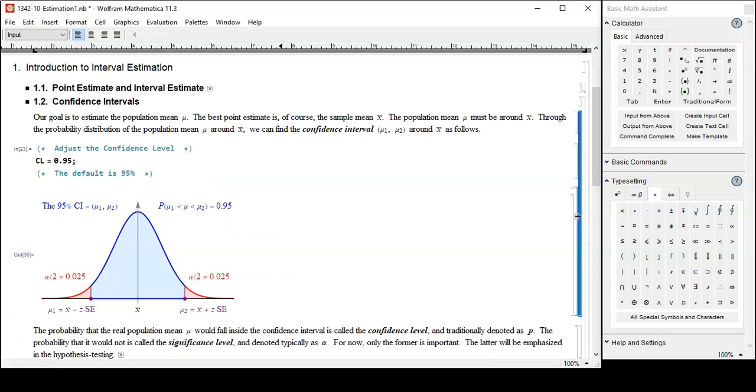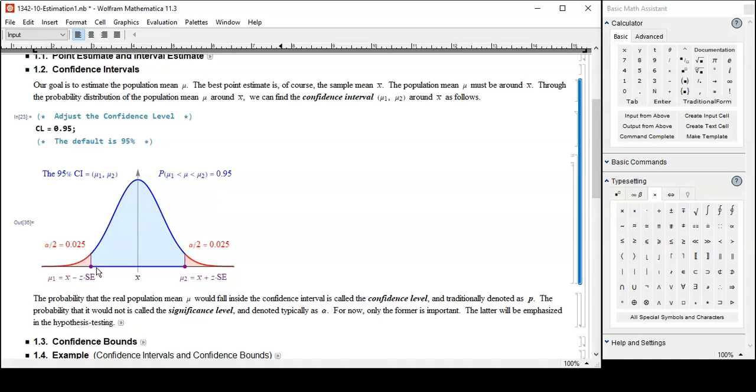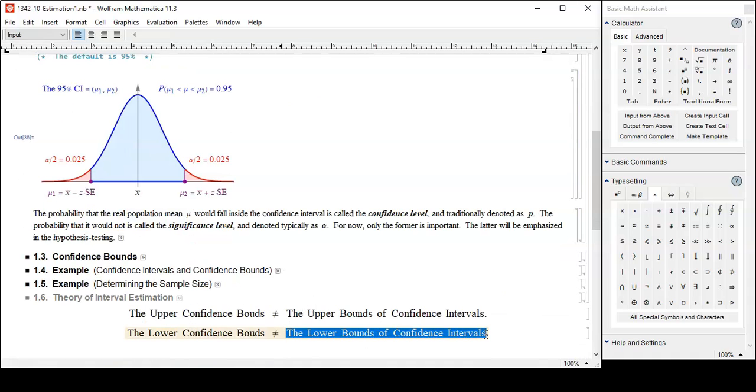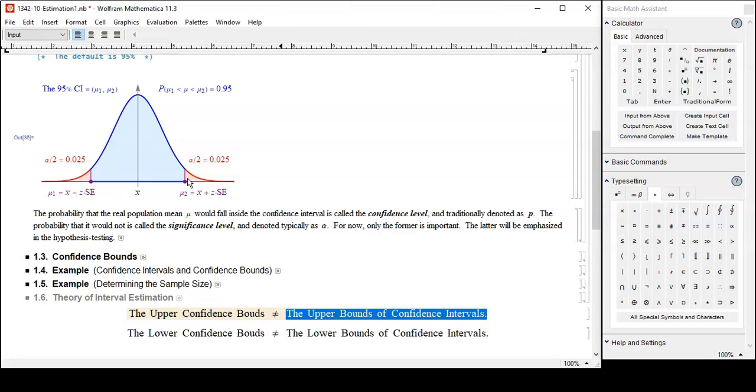Go to the confidence interval, and do you see this lower end of this confidence interval? This thing here is called the lower bound of the confidence interval, and this thing over there on the right-hand side, that's the upper bound of the confidence interval. You have the confidence interval in the middle, and this is the lower end, and that's the upper bound of the confidence interval.